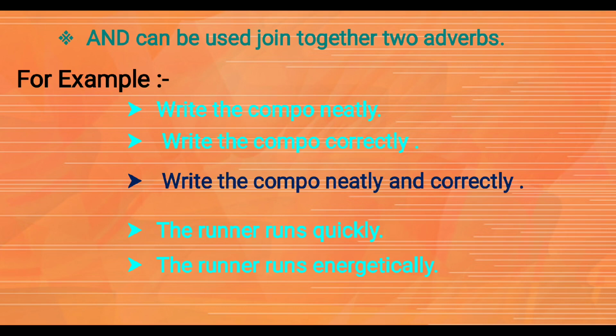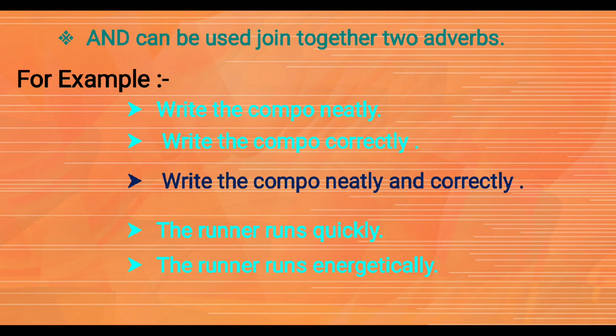Now I hope you have understood this rule, this pattern, right? Just do it by yourself. Just think of the answer by yourself. First of all, what can we do? We just pick out the common part of the sentence. And what is the common part of the sentence? The runner runs.